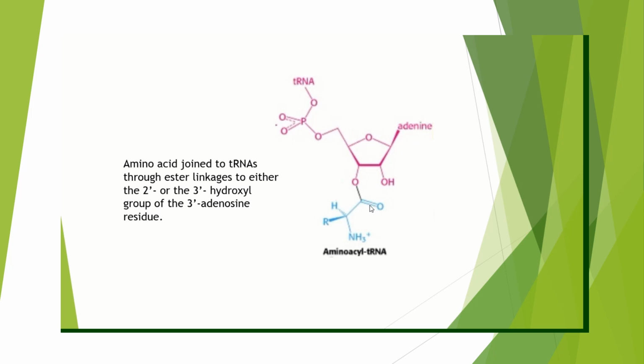As you can see, the amino acid is joined to the tRNA through an ester linkage to either the second or the third hydroxyl group of the adenosine residue at the third position.